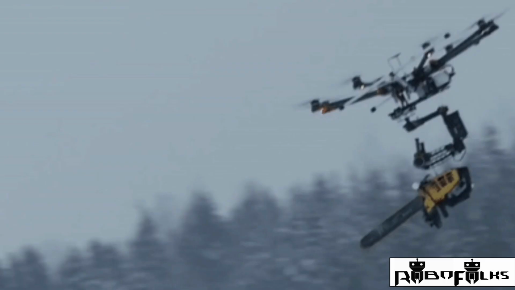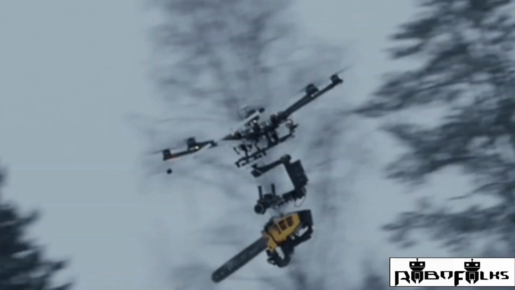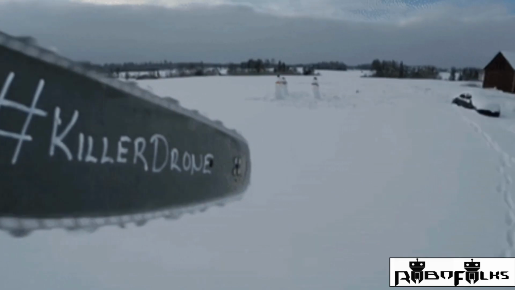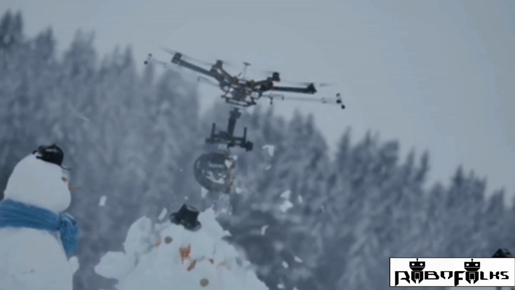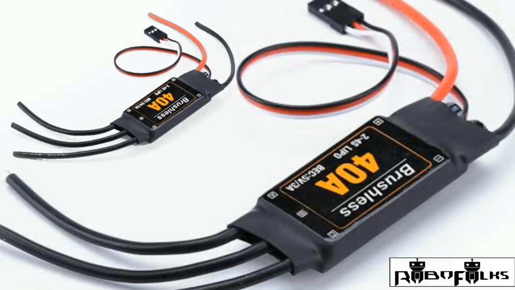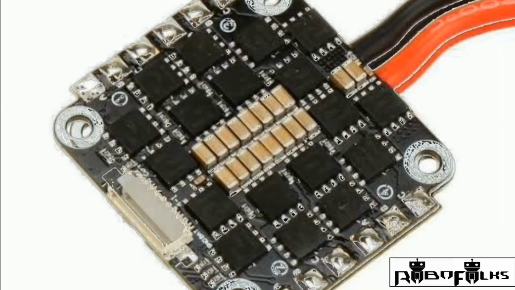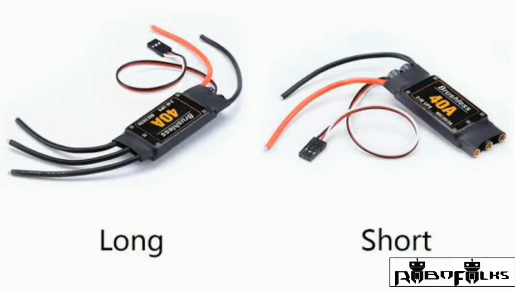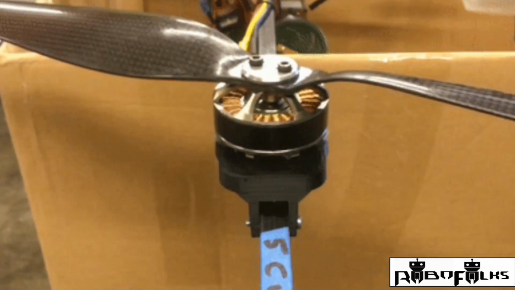Electronic speed controller. Electronic speed controllers, or ESCs, are electronic circuits that regulate the speed of the DC motors. They also provide dynamic braking and a reversing option. DC motors.